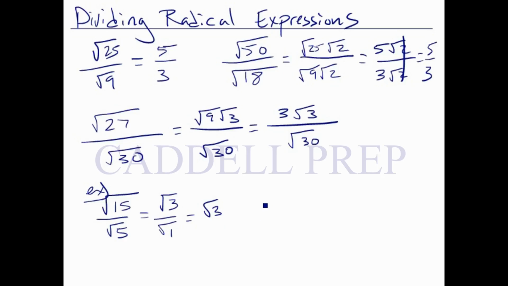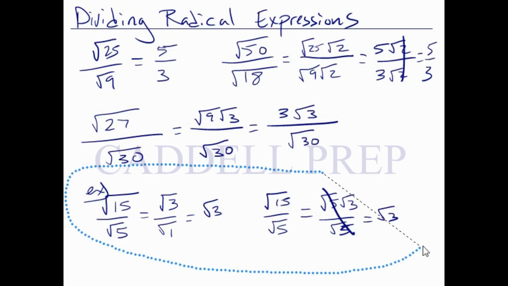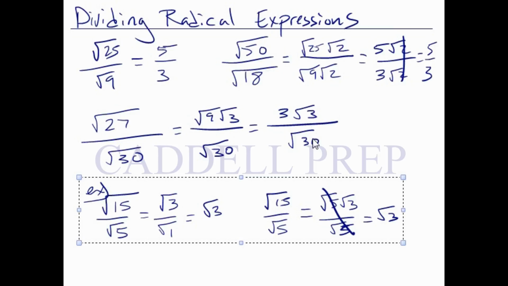Another way to look at that would be radical 15 over radical 5. This is really the square root of 5 times the square root of 3 over the square root of 5. These cancel out, and we're just left with radical 3. So now let's apply that to this question here.